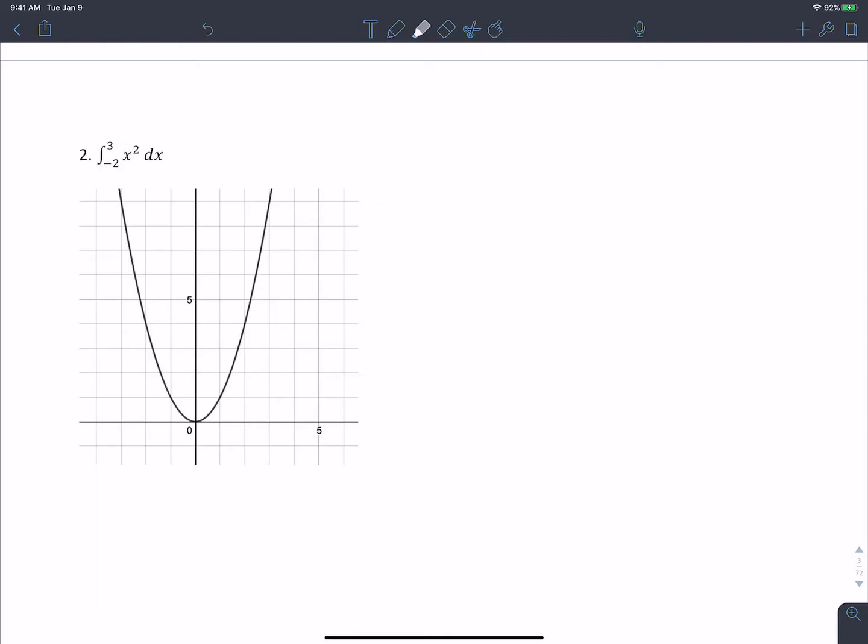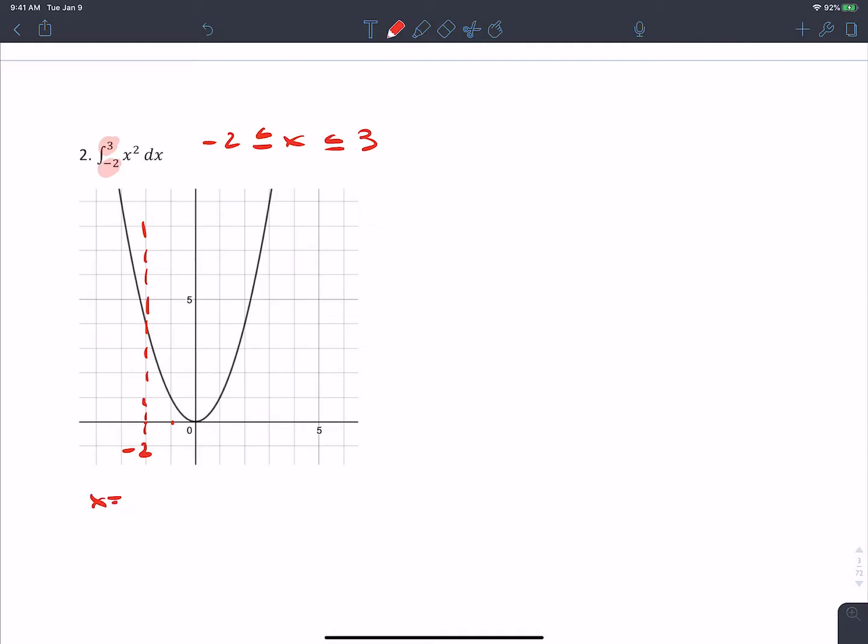Take a look at the limits. X is from -2 to +3. Is that right? So -2, let's put it over here, less than or equal to x, less than or equal to +3. So we're going to need to find that interval between -2 and +3. And so in this picture, we go to the left, 1, 2, there it is. This is where -2 will be. And in fact, we go all the way up to the curve.